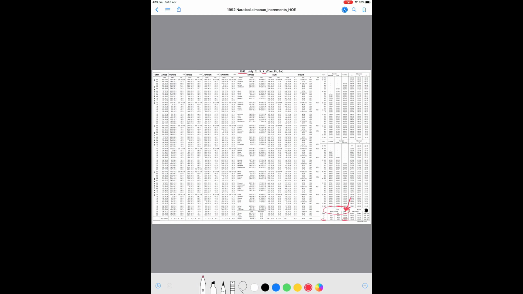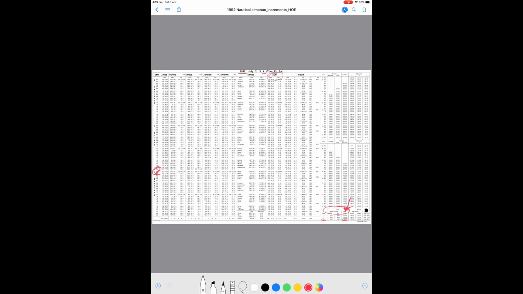So again, I've come back to the nautical almanac for 4th of July 1992, and for 01 hours, let's find the declination. So this is 4th of July here. 01 hours is somewhere here, the sun is somewhere here. This is the GHA and the declination column.